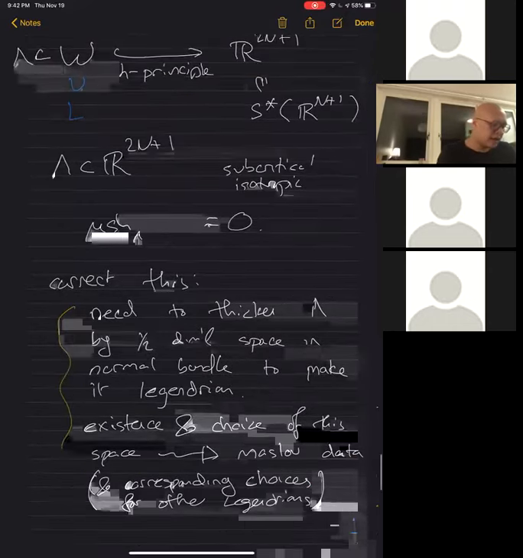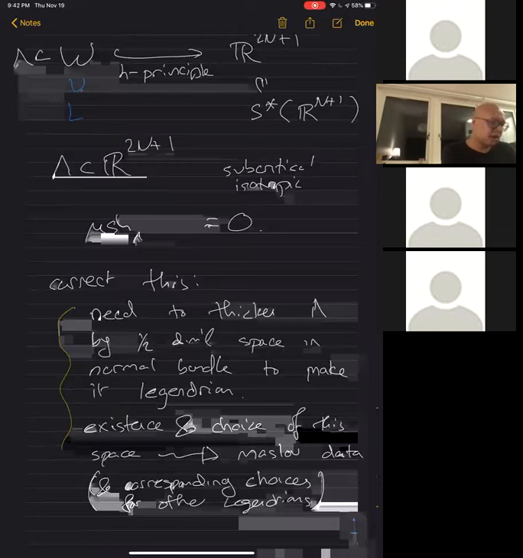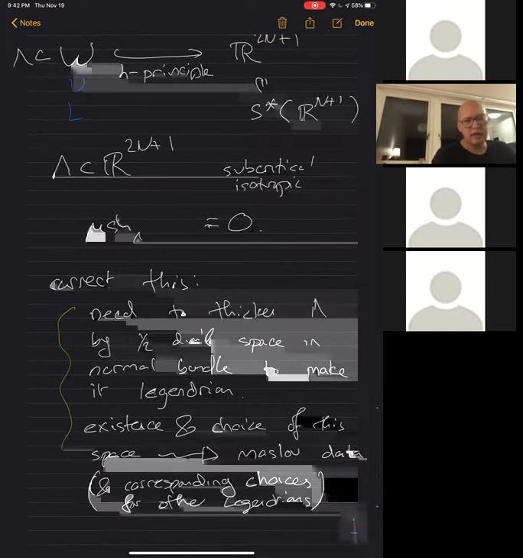So once I pick the Maslov data on W in order to define the category, picking this half-dimensional space and so on, then on L I need to pick how to compare the polarization coming from W and the intrinsic polarization from L. And that's another choice, and that choice is what's classically called Maslov data on L.